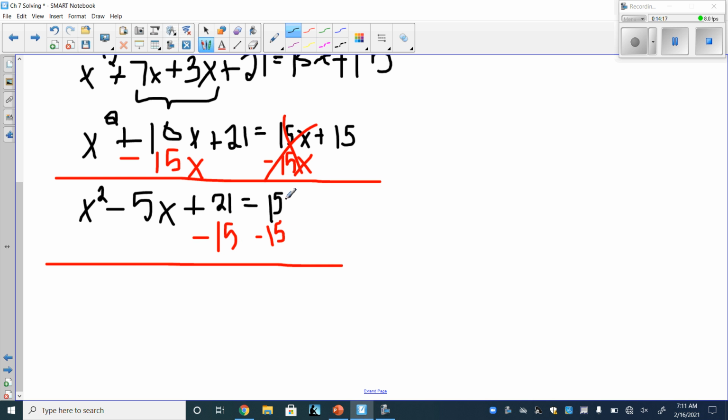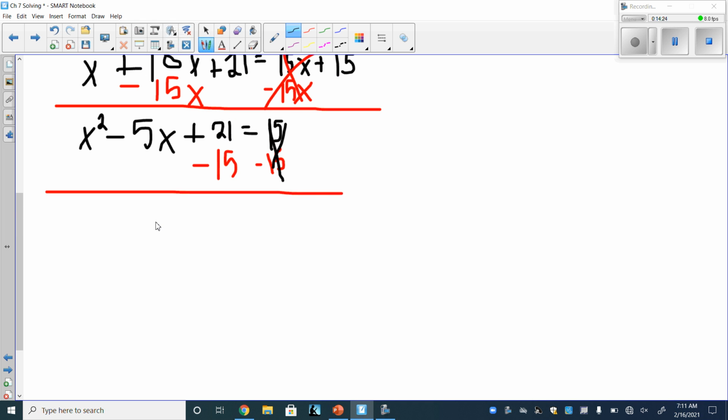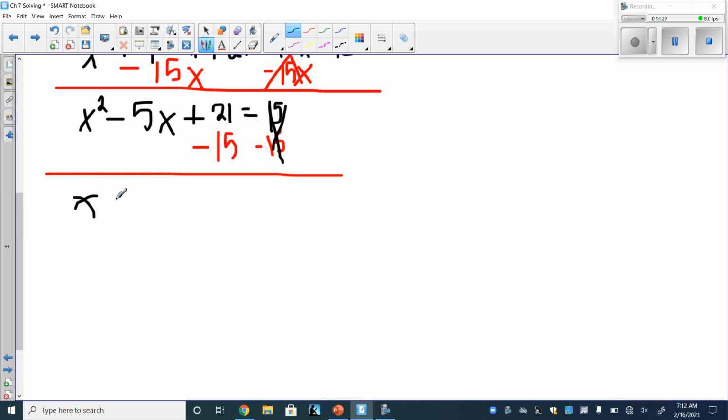If we do that, the 15 and 15 here would cancel, giving us x squared minus 5x plus, because 21 minus 15 would be positive 6, is equal to 0.